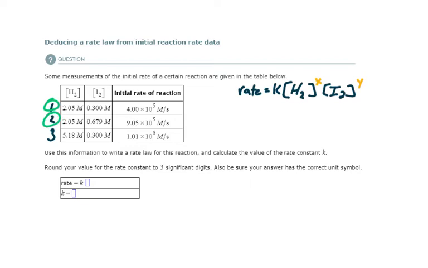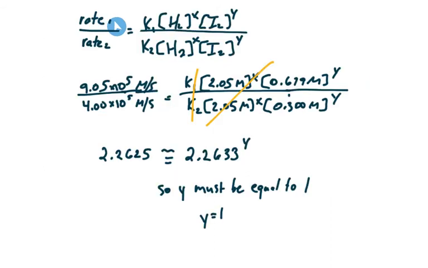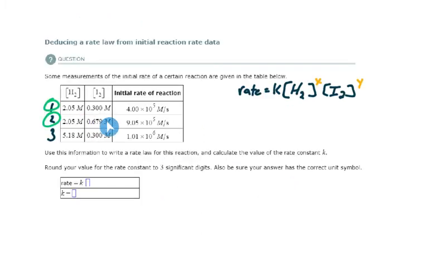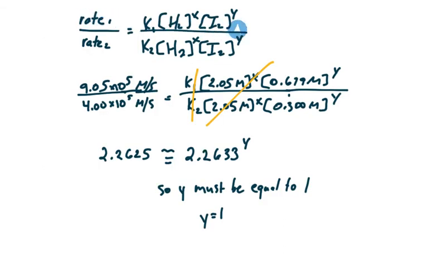That's trial 1 and 2. I'm going to put the information from the trial with the greatest rate, the largest rate value, on top. It's just always easier to have that largest rate on top. So that was trial 2. I take the concentrations for hydrogen and iodine and plug them in the top row.